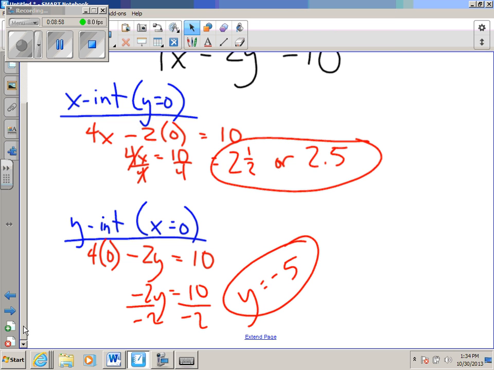All right, so again, not that much different than what you already did. Just making sure to catch your positives and negatives there. They may ask you to graph, and they may ask you to graph using your x and y intercepts.